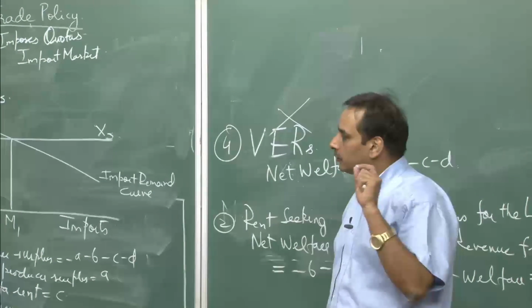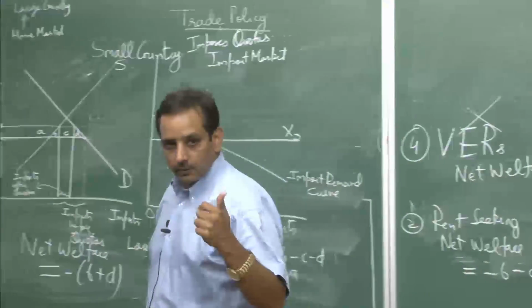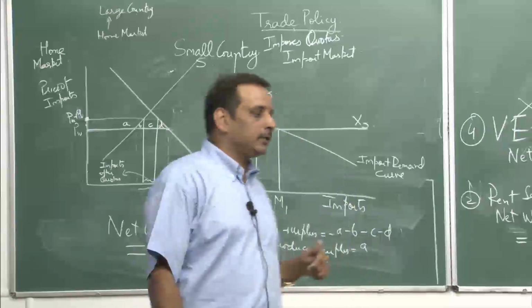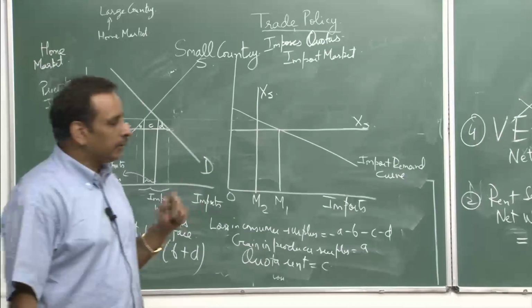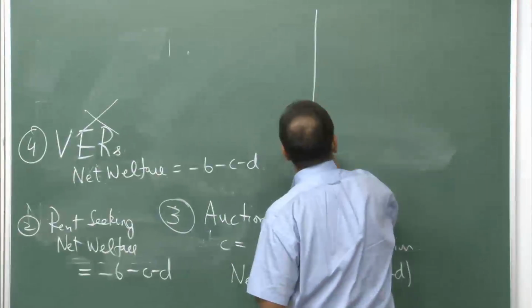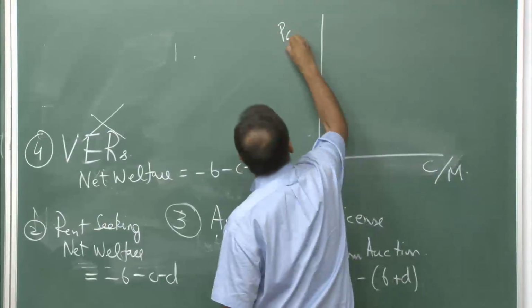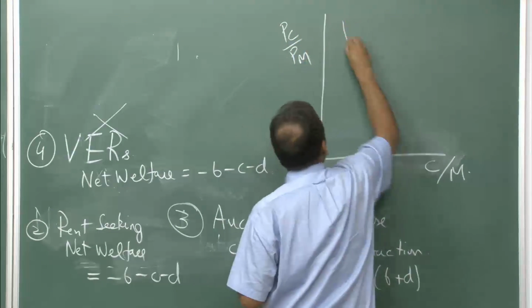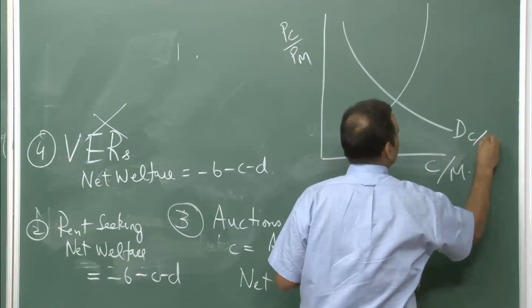One small point on the things that we are going to discuss tomorrow is something about export subsidies. Just remember the diagram that we made yesterday of C by M and then PC by PM, and you had the demand curve and you had the supply curve.